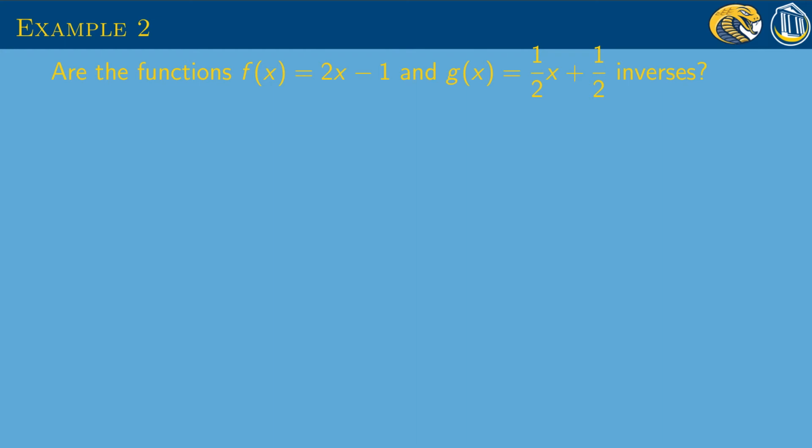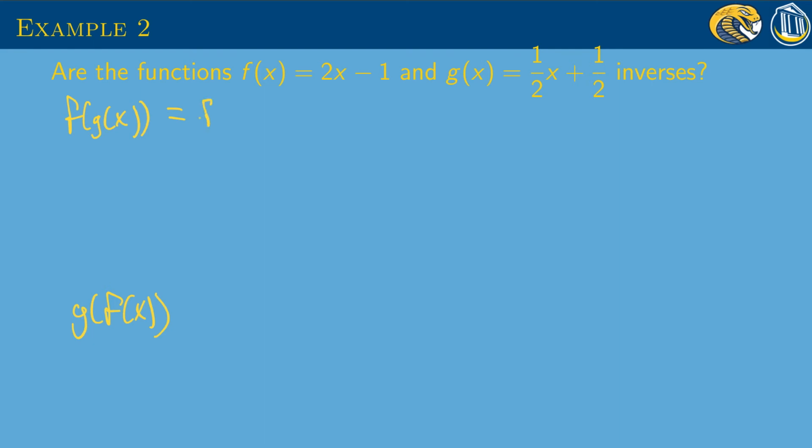This time it's asking, are the functions 2x minus 1 and 1/2 x plus 1/2 inverses? Once again, we're going to look at f of g of x and g of f of x. This time g of x is 1/2 x plus 1/2, and we're going to plug that into our function f.